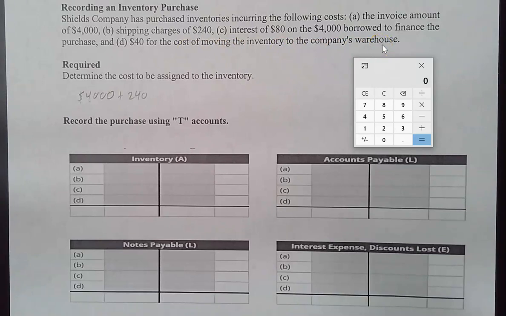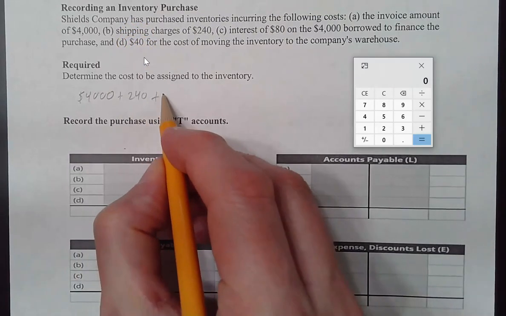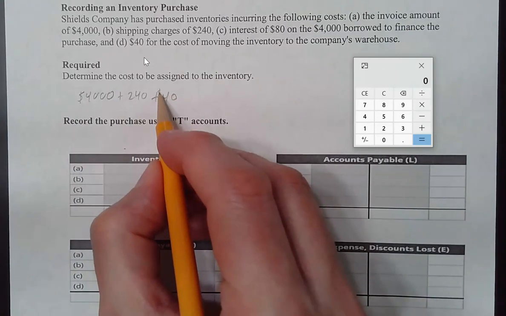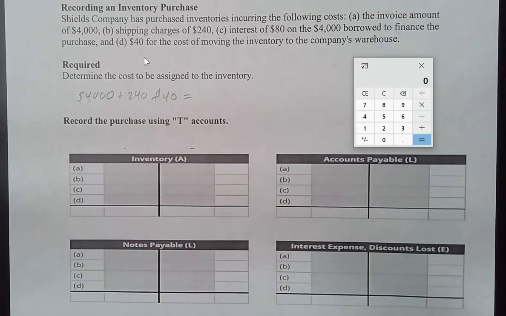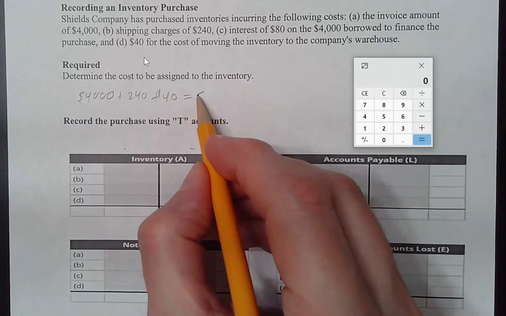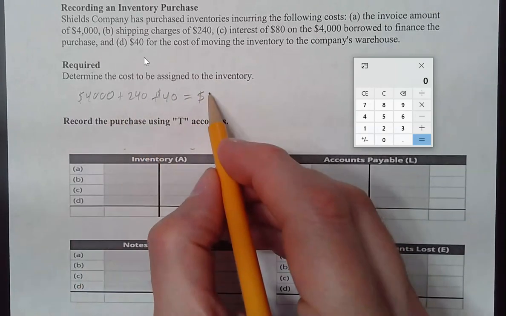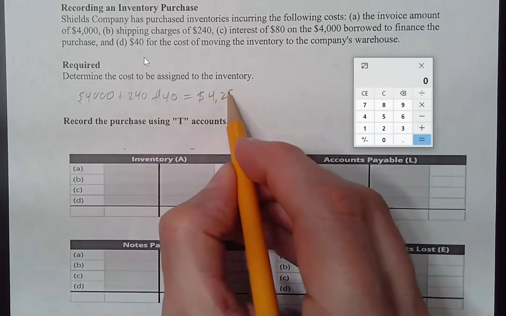I'm not exactly sure what they're talking about here because we had the shipping charges up here. However, if they did incur an additional cost for moving the inventory, we would want to include that. So our total inventory value then is going to be $4,280.